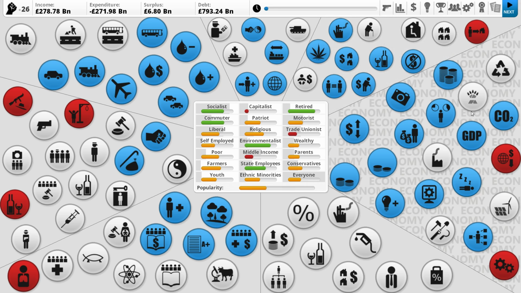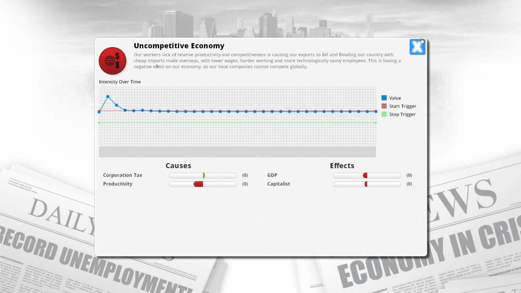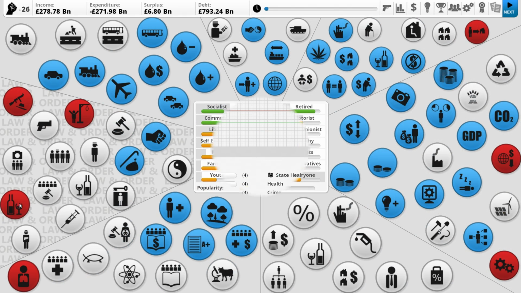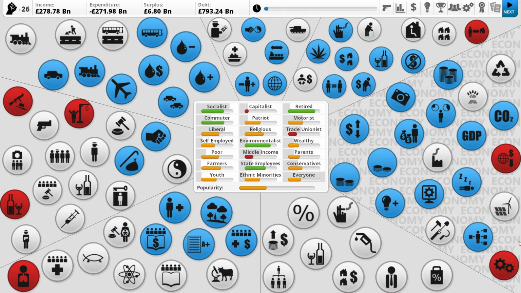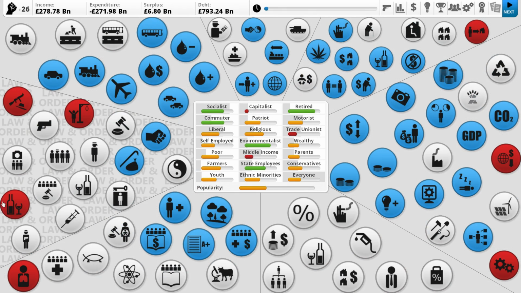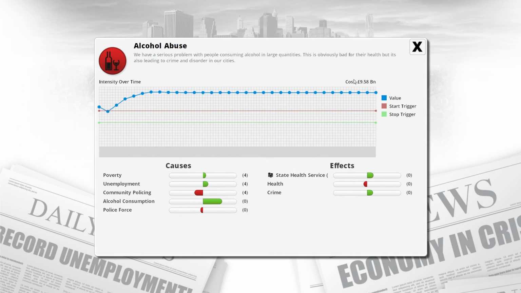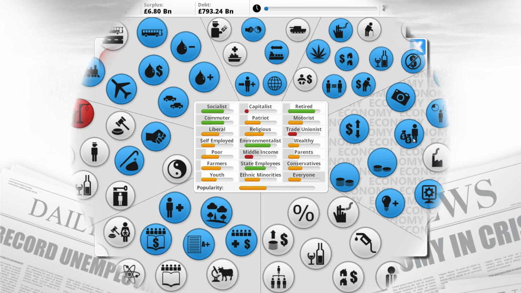But if we are going to try to combat unemployment, then maybe that will help as well, at least a little bit. All those negative effects come with a cost as well. Like this, alcohol abuse costs us almost 10 billion.